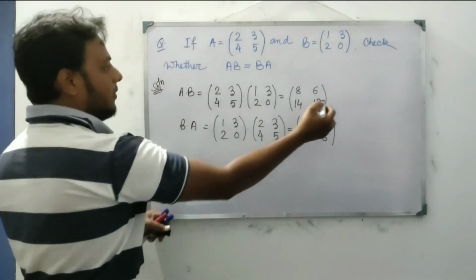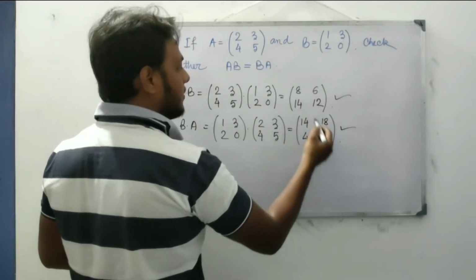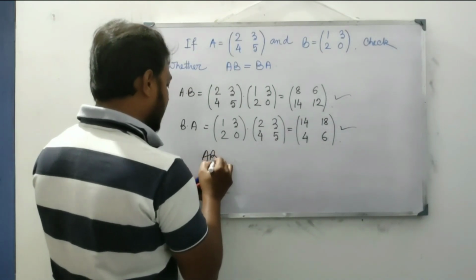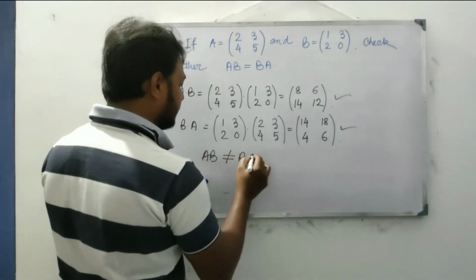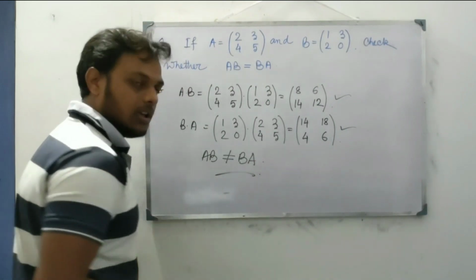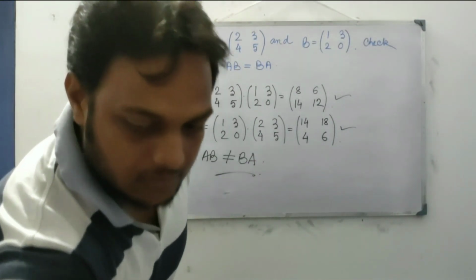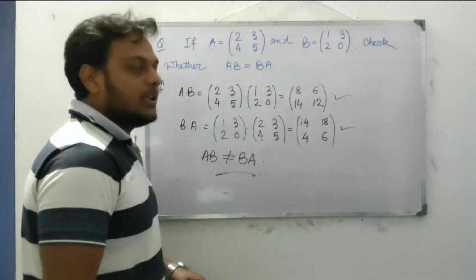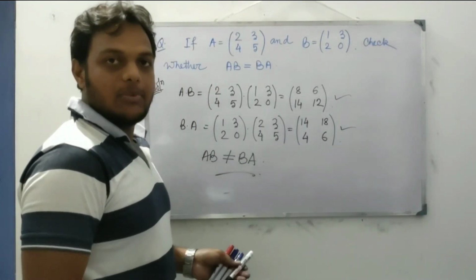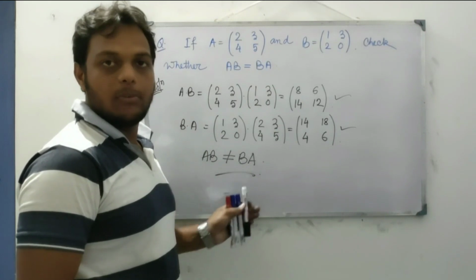See, here AB means this matrix and BA means this matrix. So AB and BA here are not equal. Okay, so we can conclude that matrix multiplication is not commutative, and this is the example that shows it.